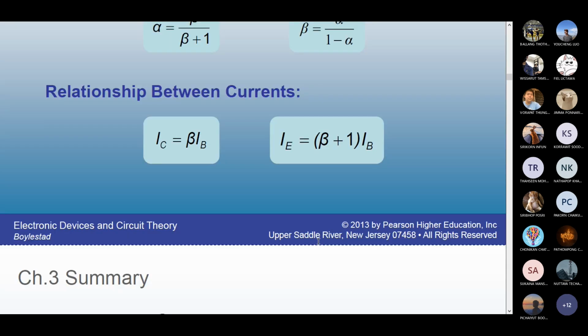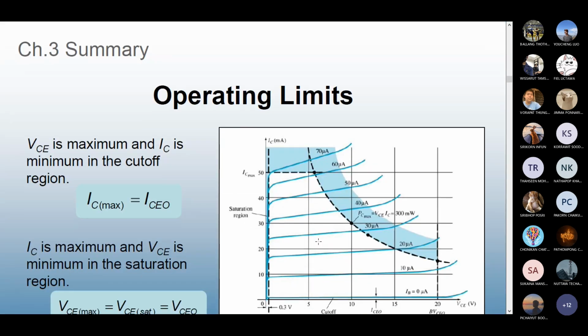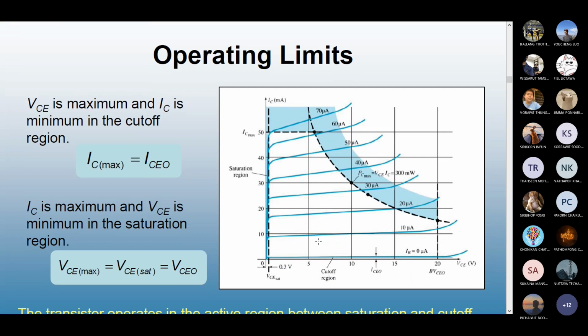Now you see another graph for the operating limits. This is an output graph for a common emitter BJT. On the y-axis, you have the output current, collector current in milliamperes.